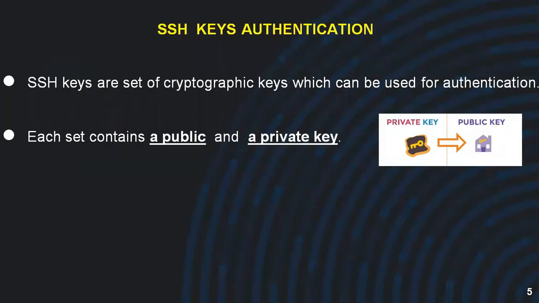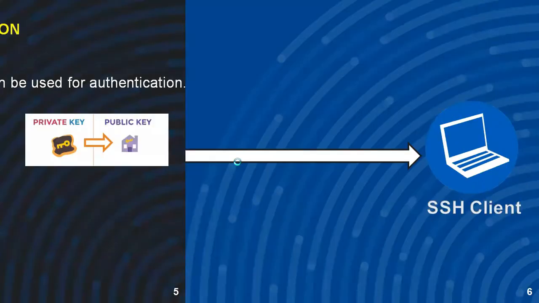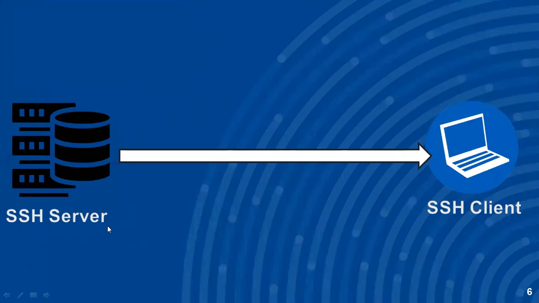Now, SSH key authentication. SSH keys are a set of cryptographic keys which can be used for authentication. Each set contains a public key and a private key. The two keys are connected by very large numbers with certain mathematical properties. Now, this is an SSH server and this is an SSH client.